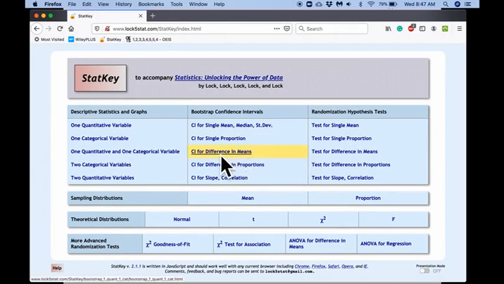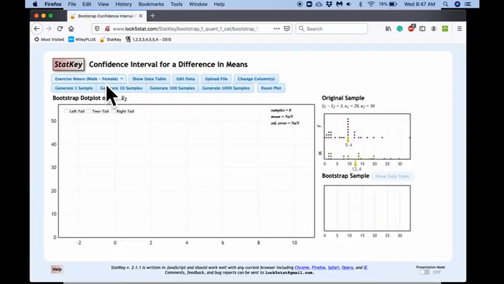So here we are, confidence interval for difference in means. We're going to load the file exercise hours male and female. So there it is. Here's the data that we collected from those 50 students, 20 males and 30 females. We noticed that within the samples, the males are exercising 12.4 hours a week, and the females are exercising 9.4 hours a week.